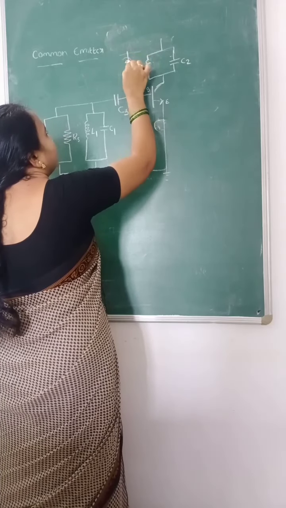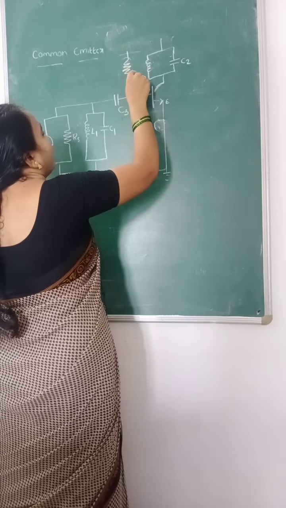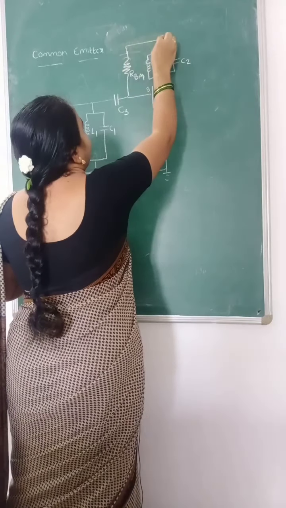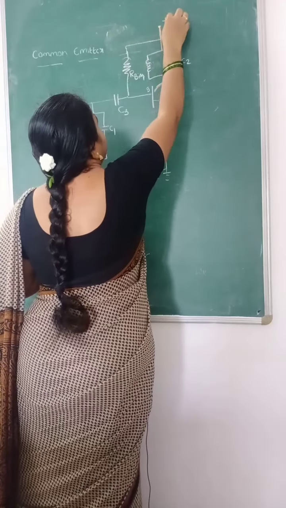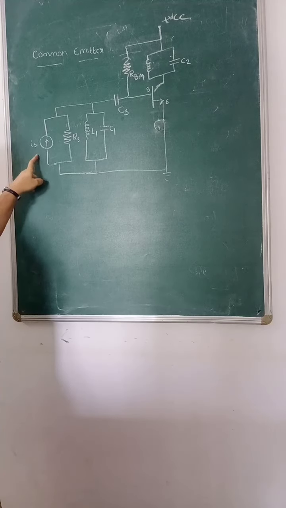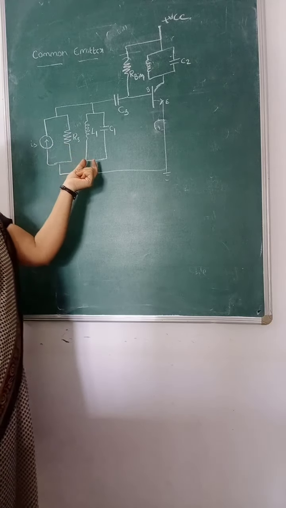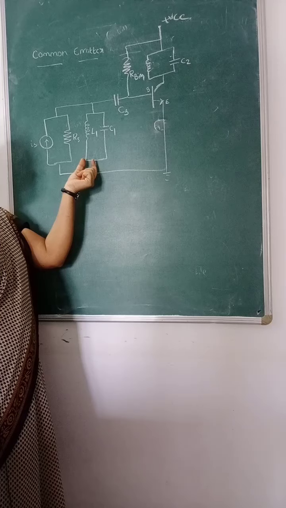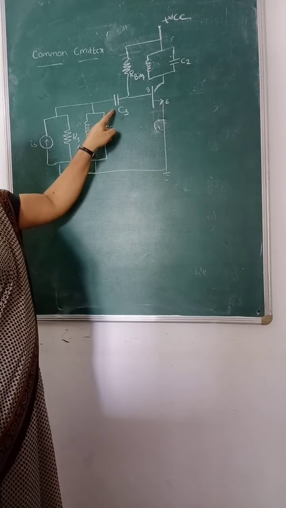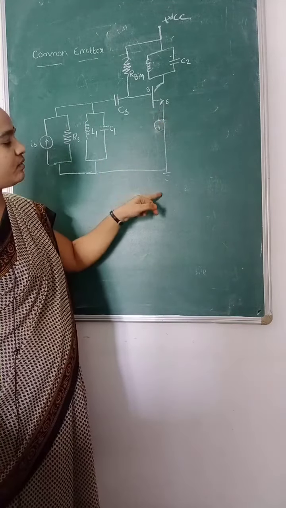From the output circuit we will have a resistance called R bias, which is the bias resistance between the tank circuit and the base of the transistor. So in the input circuit we will have the current source in parallel with the resistance RS, and an input tank circuit, which is the parallel combination of inductance and capacitance, with the blocking capacitance C3, and the emitter of the transistor is grounded.